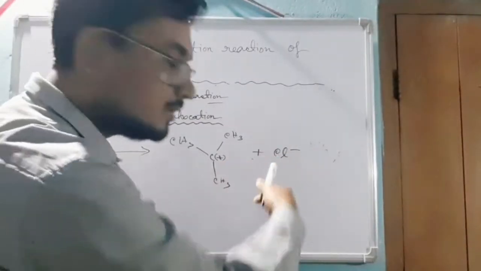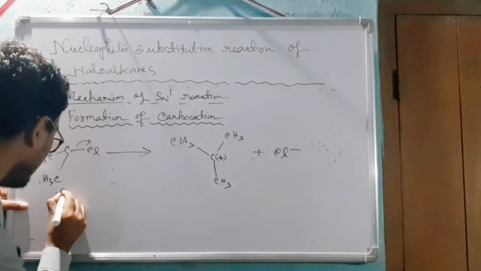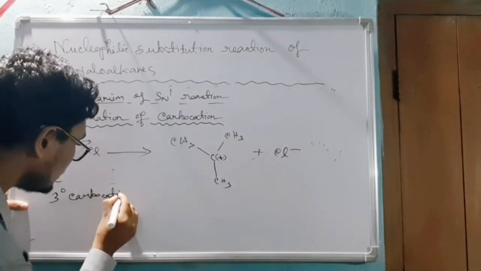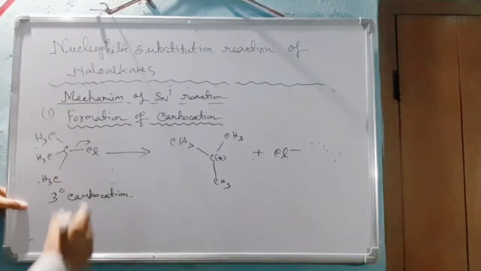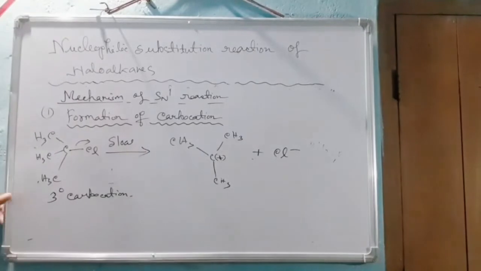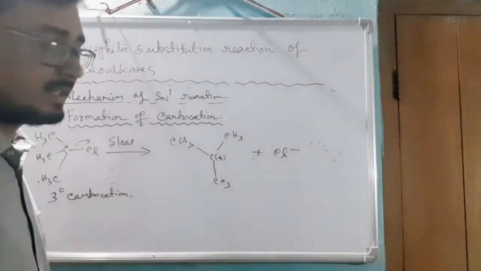So it is a 3-degree carbocation, and in the first step, this is a slow step.